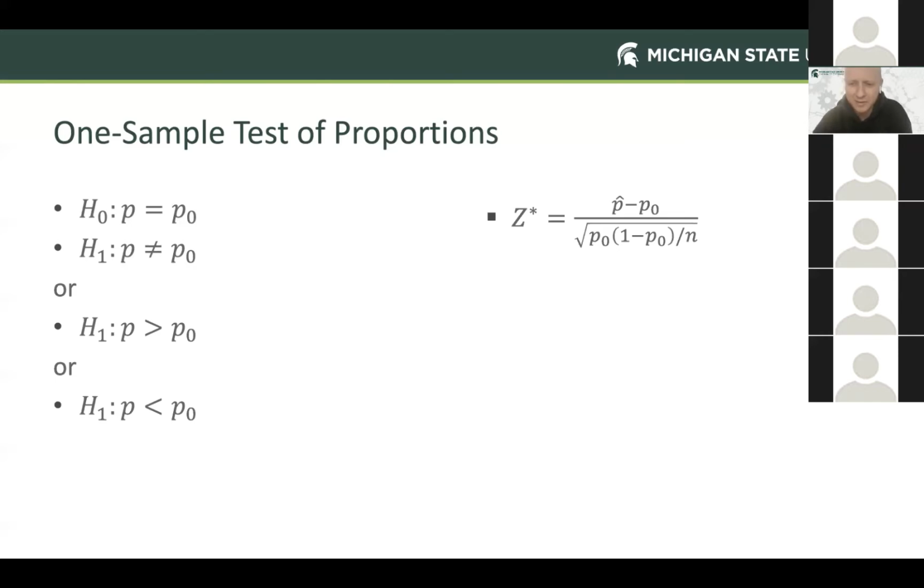Does anybody have any thoughts on why we have P naught instead of P hat in the denominator here? Going once, twice. All right, I will handle this one. I'm going to come back with a very similar question in a couple slides if everybody's okay with that.